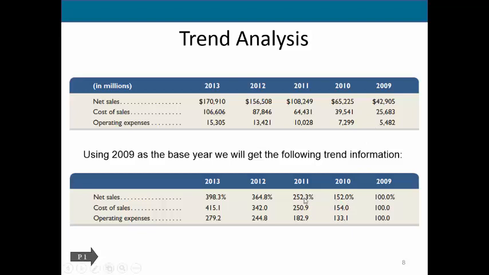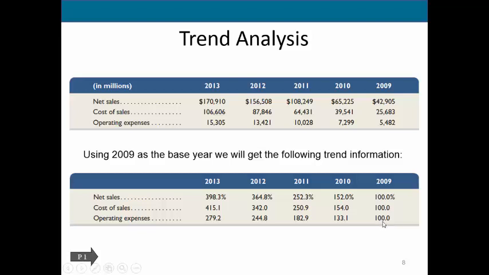Then you would do the same for every year to get our trend analysis. And you'll notice here 2009, it's always going to be 100%, because if you took the change, there is no change. So we're not having to analyze anything for 2009. We're just going to say that those are all 100% of the base amount.